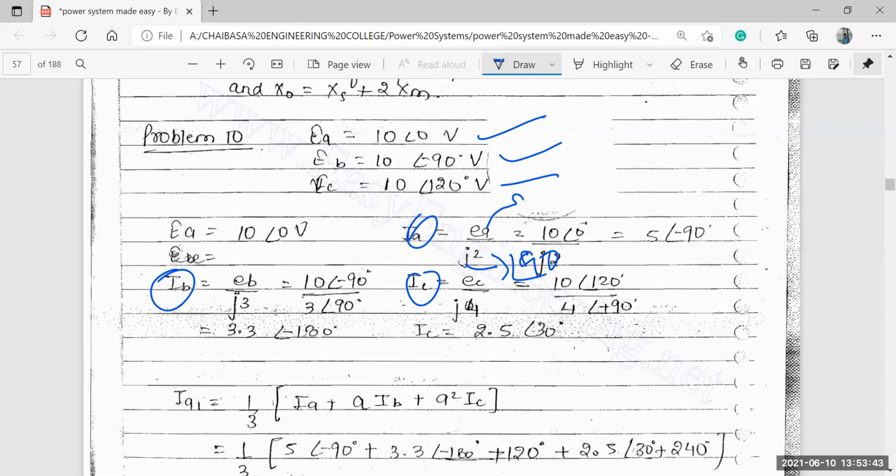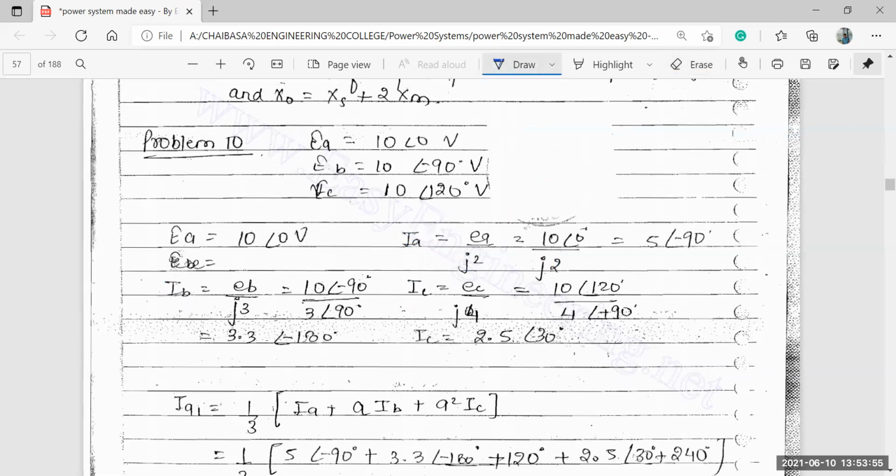Whenever you have to remove j, you convert it into polar form, which is 90 degrees in this case. So substituting the value, 10 angle 0 divided by j, which acts as 90 degrees, becomes minus 90 degrees, and 10 by 2 is 5, so it is 5 angle minus 90 degrees, that is I_A.